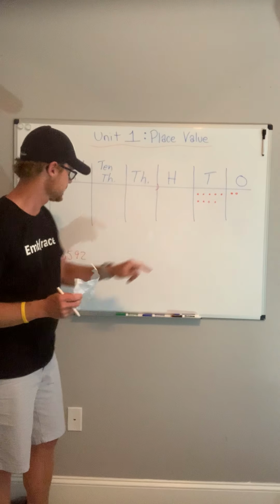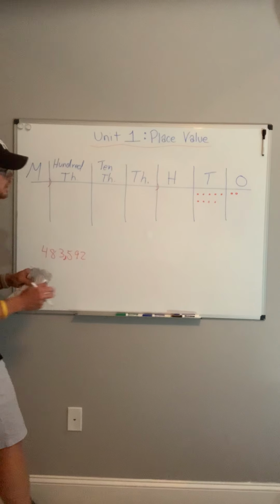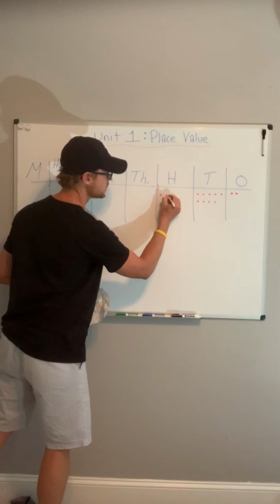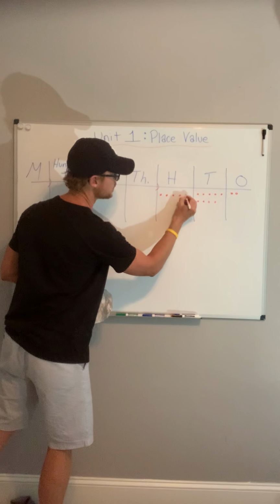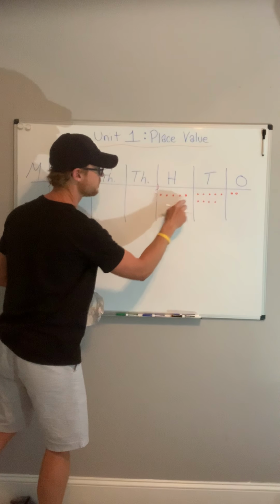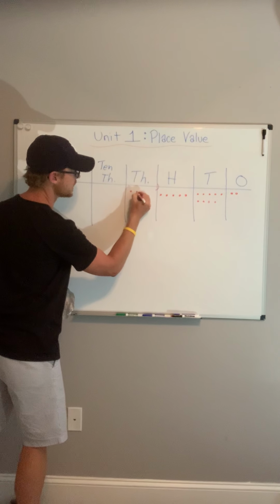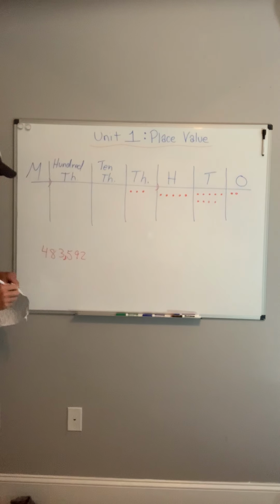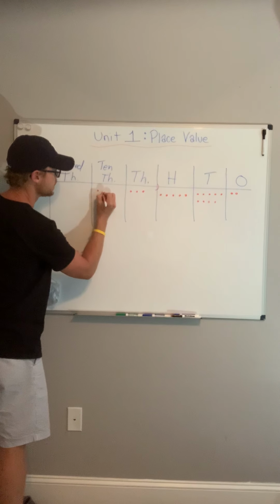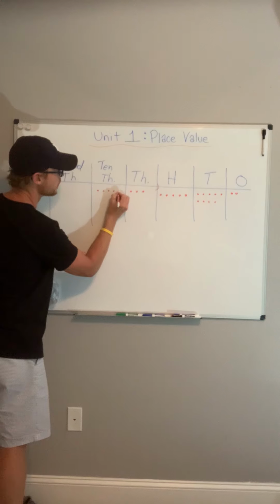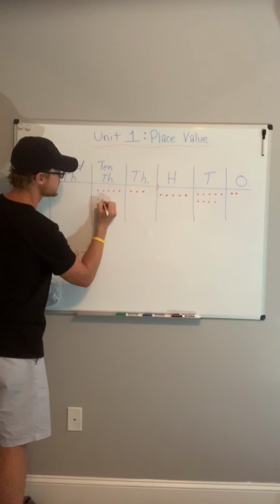So I have 9 tens, then I have 5 hundreds, so I'm going to use 5 dots in my hundreds place. 1, 2, 3, 4, 5 hundreds. I have 3 in the thousands place, so I'm going to represent that as 1, 2, 3. I have 8 in my 10,000s place, so I have 1, 2, 3, 4, 5, 6, 7, 8.